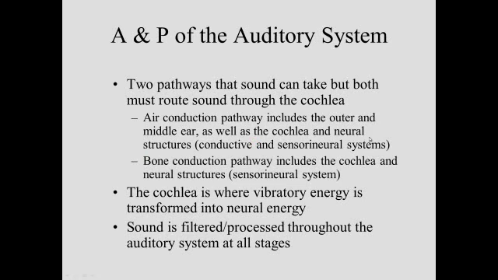Now, it turns out that there are two pathways that sound energy can take when the sound energy is present in the environment and it encounters a human listener or a mammalian listener or whatever kind of listener you are. The air conduction pathway includes the entire system, and really we think of hearing as hearing by air conduction.